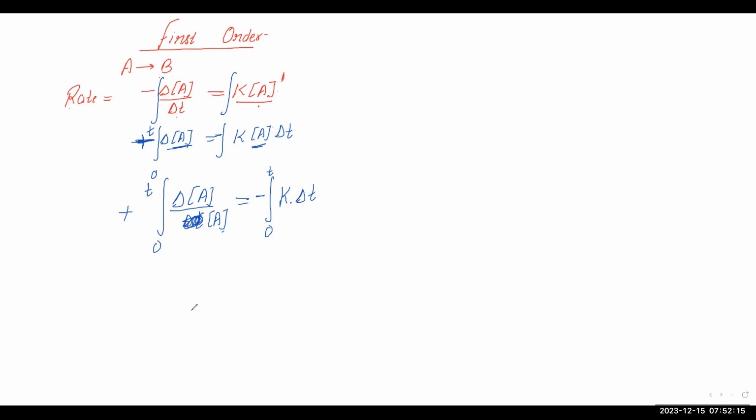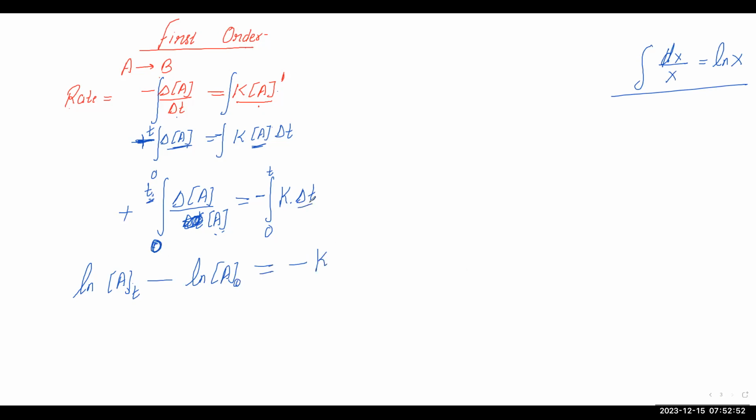So when you integrate this, integration of 1 dx over x is ln x. These are calculus rules. If I integrate this, I will get ln of this concentration of A at time t, this t, final t, minus ln concentration of A at time 0, initial, is minus k, delta t is t minus 0, so minus kt.